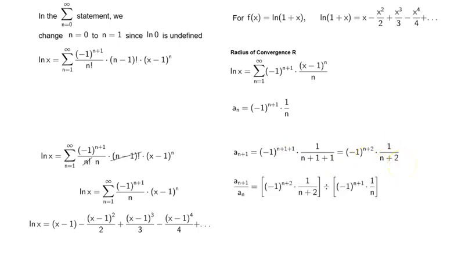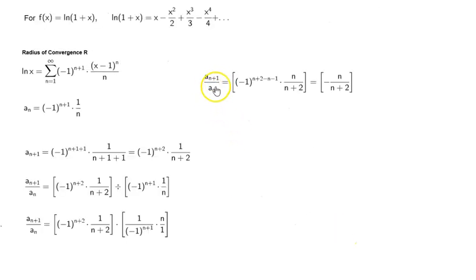Actually an plus 1 is minus 1 to the power of n plus 2 times 1 by n plus 2. And we divide an plus 1 by an, which is equal to minus 1 to the power of n plus 2 times 1 by n plus 2 divided by minus 1 to the power of n plus 1 times 1 by n. We convert it into multiplication by taking the reciprocal. What we end up with is an plus 1 by an is equal to minus 1 to the power of (n plus 2 minus n minus 1) times n by n plus 2.